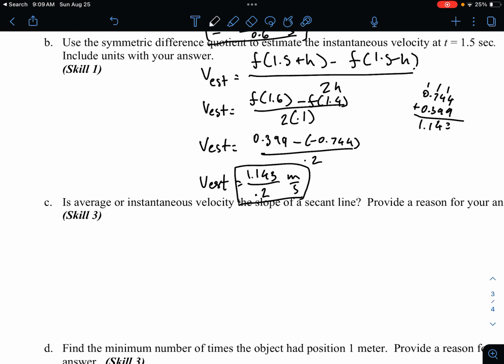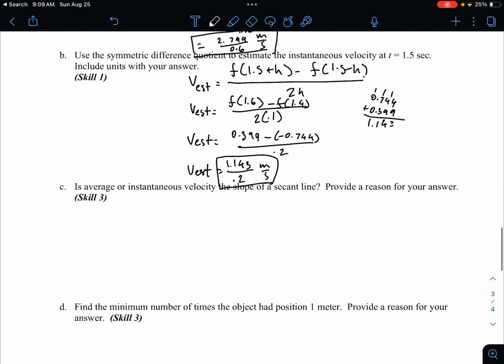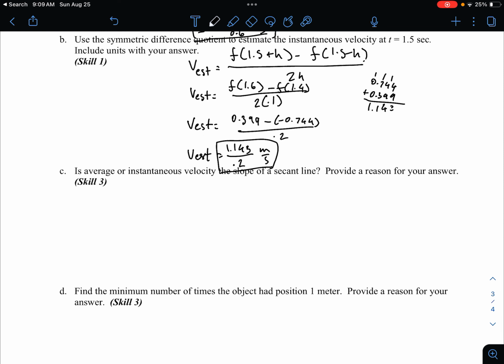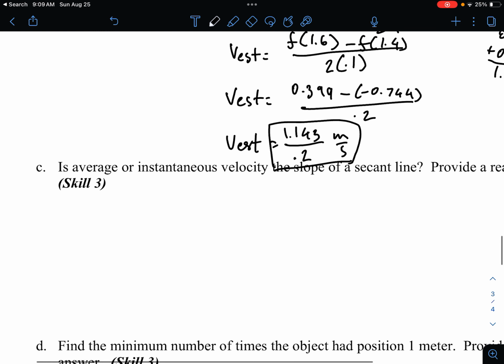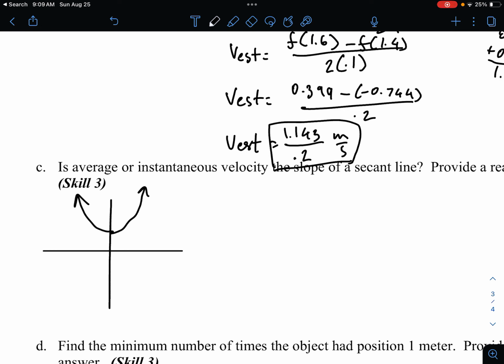Is the average or instantaneous velocity the slope of a secant line? It's going to be a secant line. Or, sorry, the average is a secant line. Provide a reason. So, I guess if I had a function f of x, I'm just going to draw a random function.